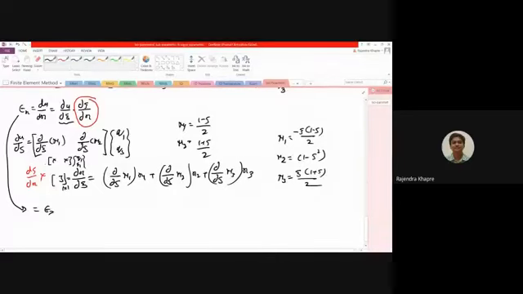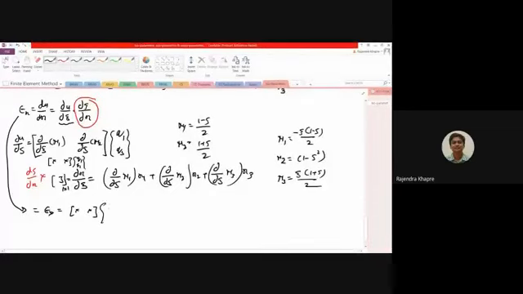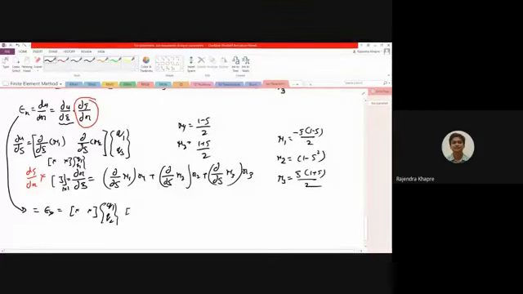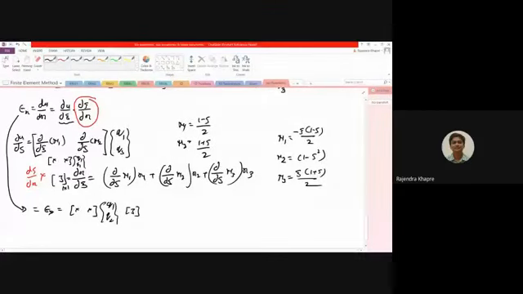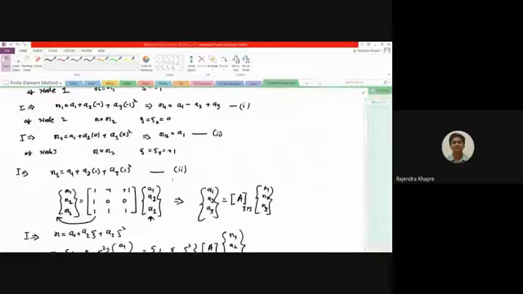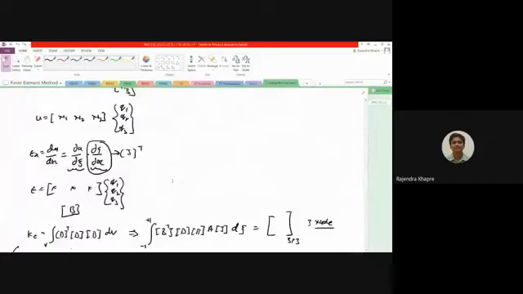So epsilon x can now be written as something like 1 and 2 multiplied by q1 and q2, multiplied by the inverse of the J matrix. For this particular case, I think your J matrix comes out to be 2L. In the previous class I might have calculated this, that the J matrix comes out to be 2L. Let me check.